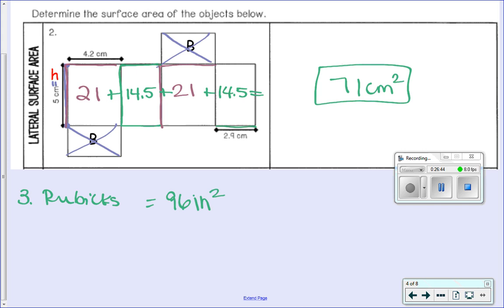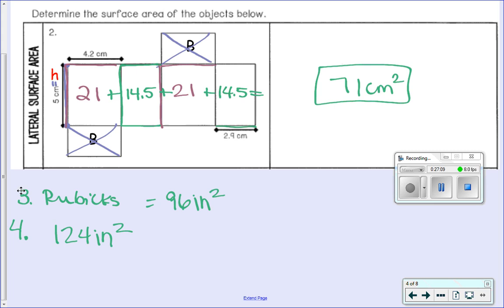How many faces are there? 6. We're good with that. 16 times 6, 96. Number 4, it was just a rectangular prism, and they just wanted the total surface area. You get 124 inches squared. Are we good with that? Questions on either of those 2?